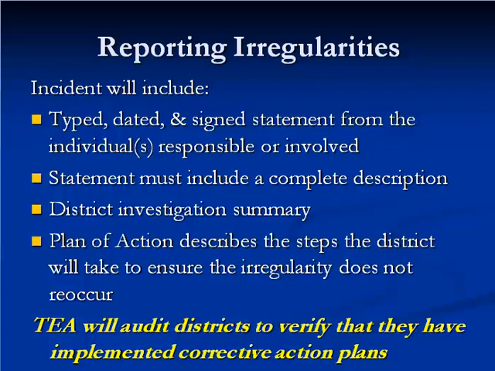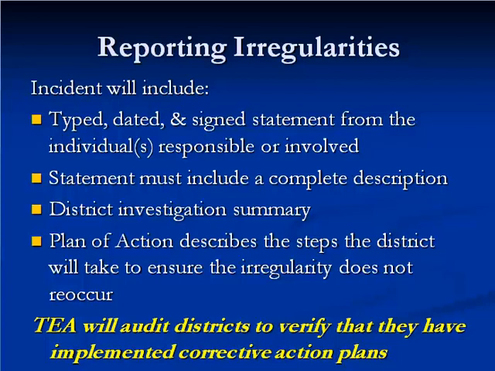Reporting irregularities has changed a little bit this year. An incident report will include a signed statement from everyone involved: the test administrator, campus coordinator, principal, district coordinator, possibly. The statement must include a complete description. There would be a district level investigation summary, and then new for this year, every incident report must include a plan of action that describes the steps the district will take to ensure that it does not reoccur.